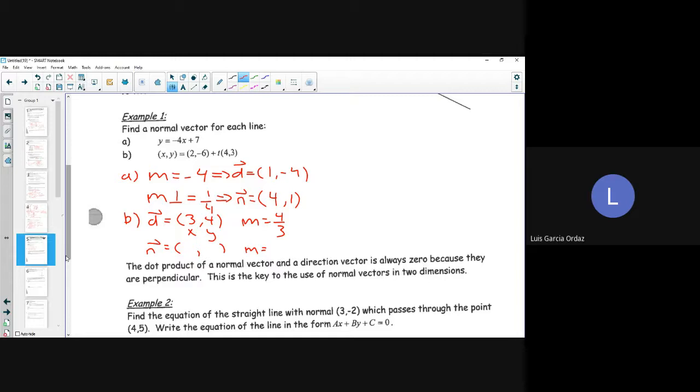Which means my normal vector is going to be 3, negative 4.